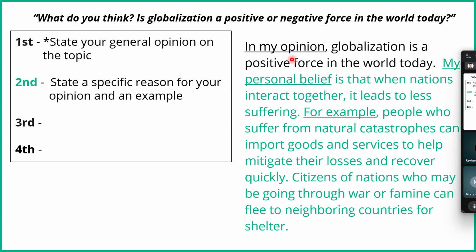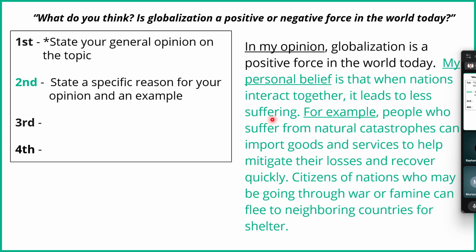For example, here, as you can see, we have, my personal belief is. When it says my personal belief is, it means it is my reason. It is my first specific reason. So what is the reason? My personal belief is that when nations interact together, it leads to less suffering. This is the reason. It causes less suffering.